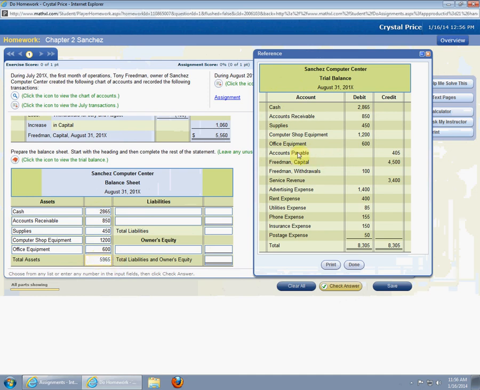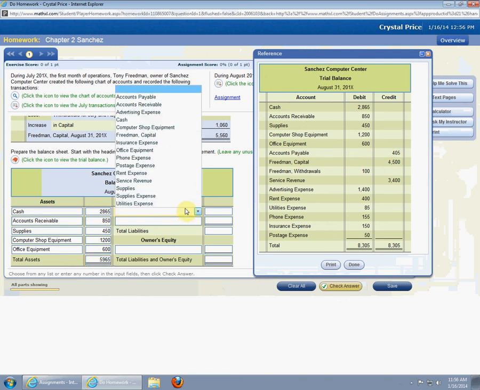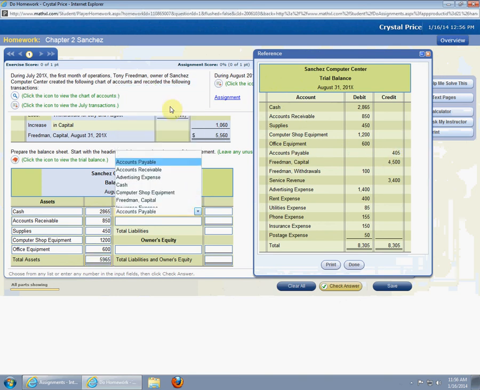Now we move to our liabilities and we look at our trial balance. We only have one liability, accounts payable. So we'll use the first line, put accounts payable, and the amount is $405. Now, when we get to owner's equity, remember that this date when they are doing this is on August 31st. So we don't want to use this capital amount, this $4,500.